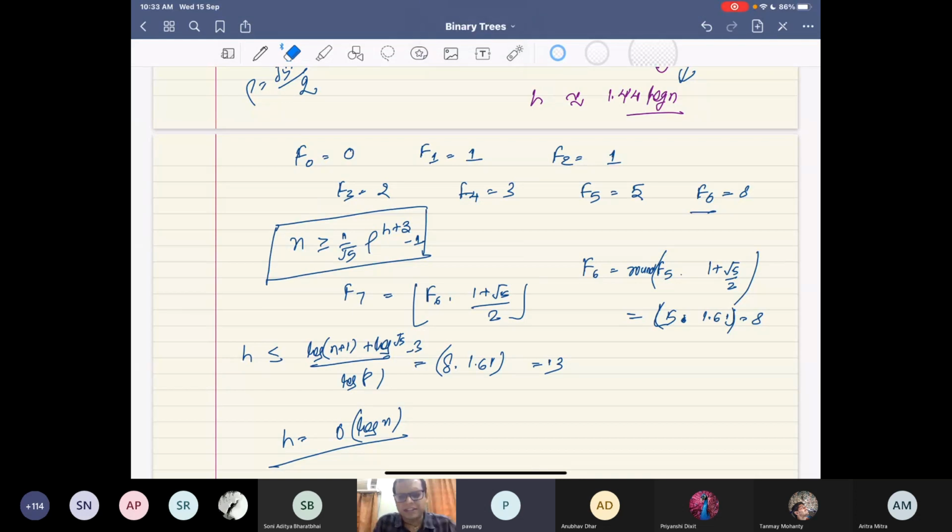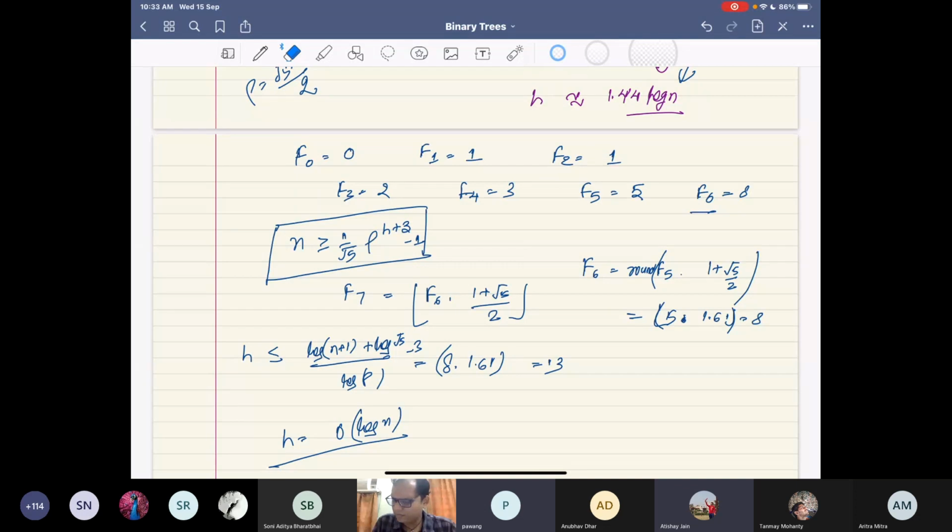And suppose you want to avoid taking the nearest integer at every stage. Can we multiply them and take the nearest integer at last? Like we are doing F6 as F5 into 1 plus root 5 by 2 and its nearest integer, then F7 is F6 into 1 plus root 5 by 2 and its nearest integer.